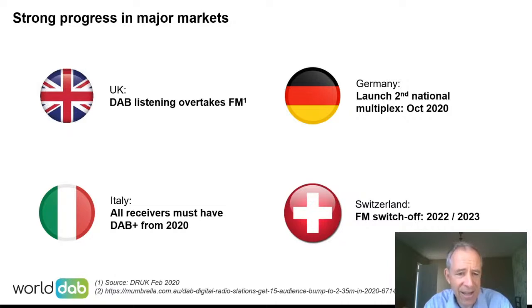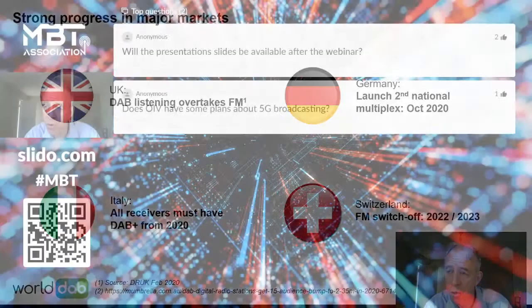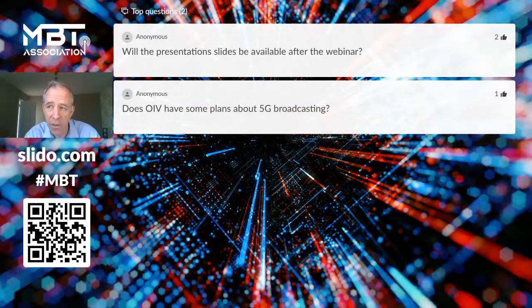In Italy, they have a law which requires all receivers to have DAB+, introduced in January of 2020. And maybe the most exciting news is from Switzerland, which has confirmed that it will be switching off its FM signals between 2022 and 2023. So they will be the second country after Norway to switch off their FM.